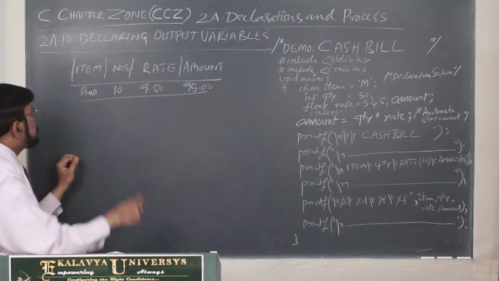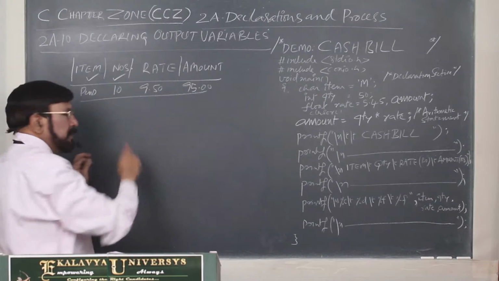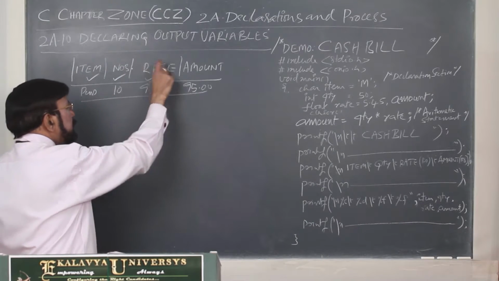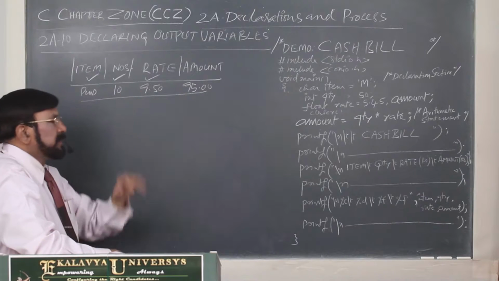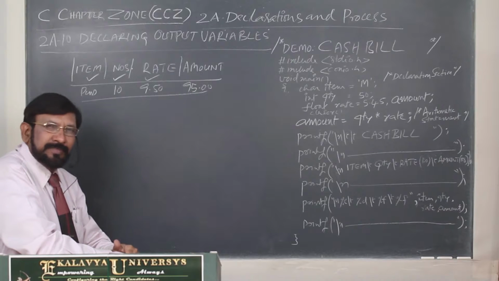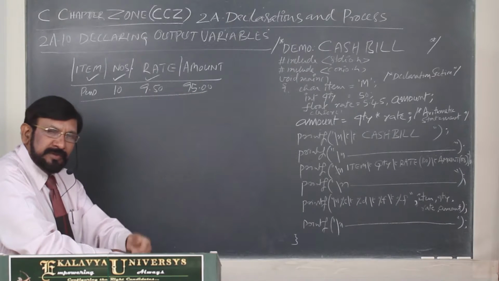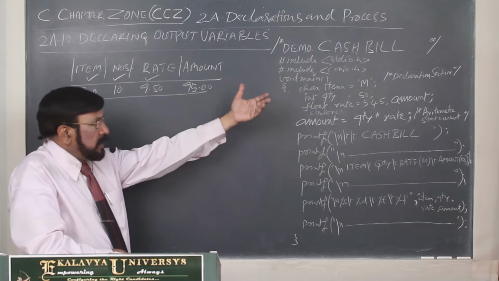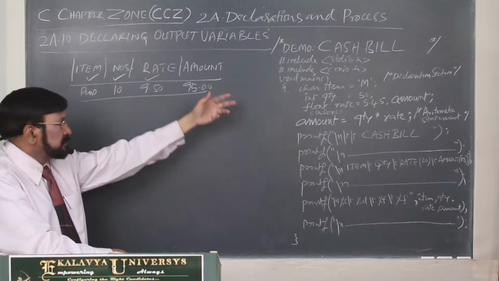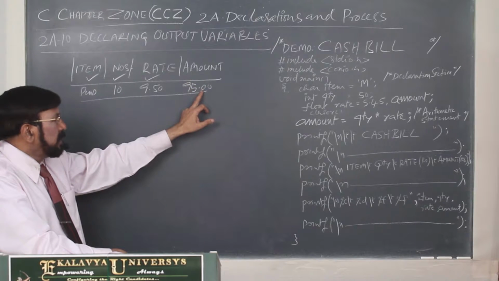Out of that, three items he enters: item name, number of articles, and the rate of the article. As far as amount is concerned, he does not enter. The calculator, the computer, whatever cash bill machine is there, calculates this amount and prints it here.